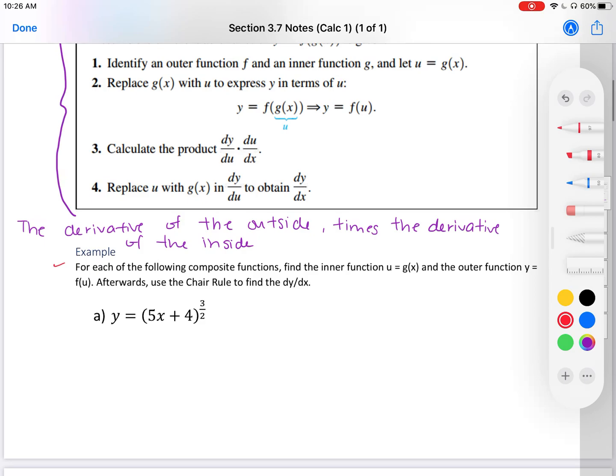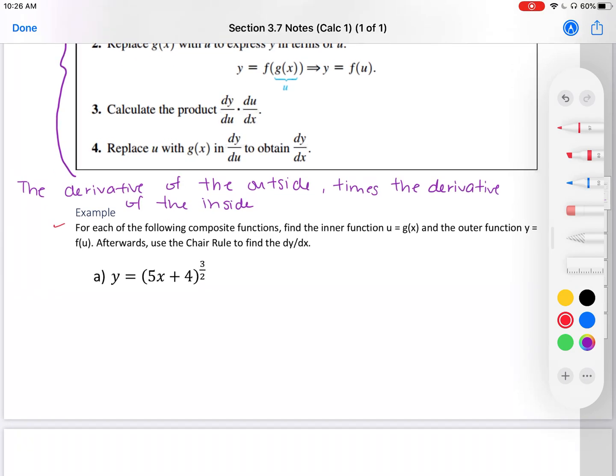So our function here is that we have this outside function, y equals u to the 3/2. And then we have the inside function, u equals 5x plus 4.